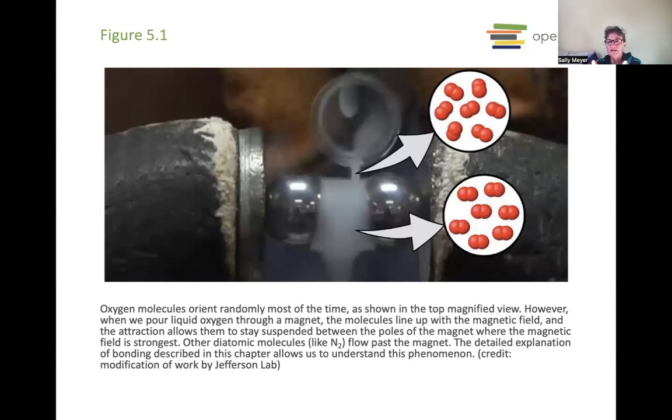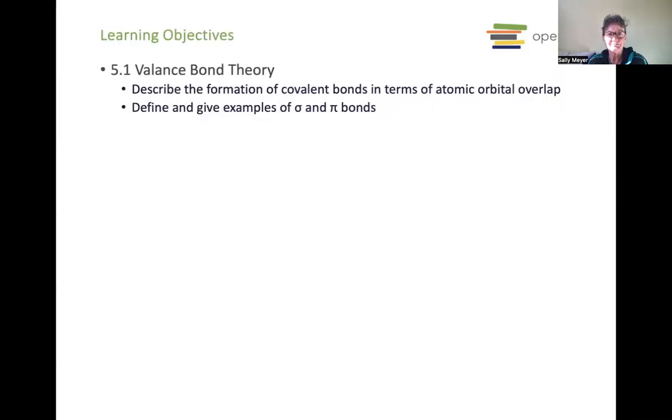If you put it in a magnetic field, the magnetic field interacts with it because it has unpaired electrons. And you can't explain that with either Lewis or valence bond. So we have to go on to think about molecular orbital theory to discover why oxygen has unpaired electrons. That's just one of the times when molecular orbital theory, the most accurate theory, is needed.